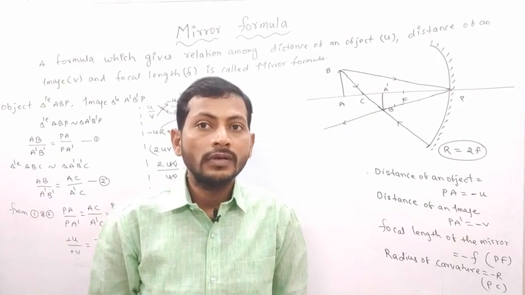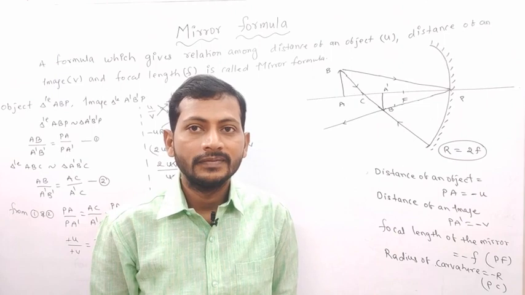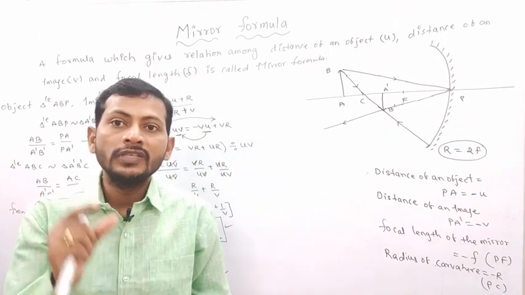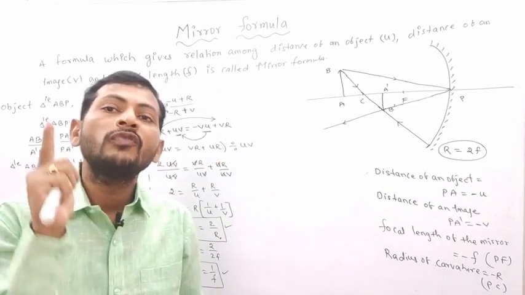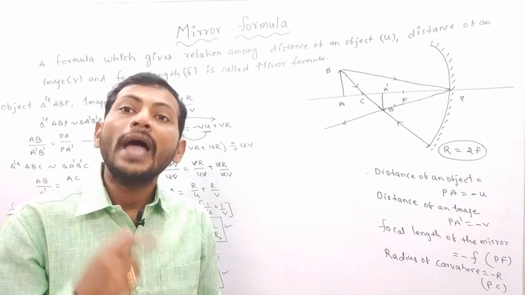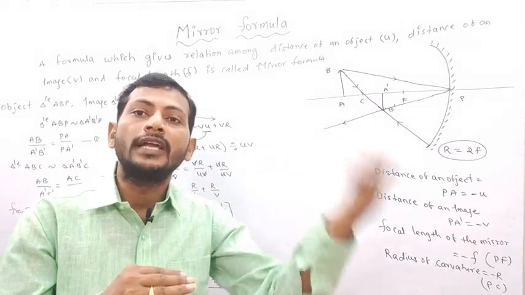Then I am going to ask how many times it is bigger than the object. Now when you want to compare, when you want to say it accurately, you require one formula. That is called magnification: how many times increased or how many times decreased.